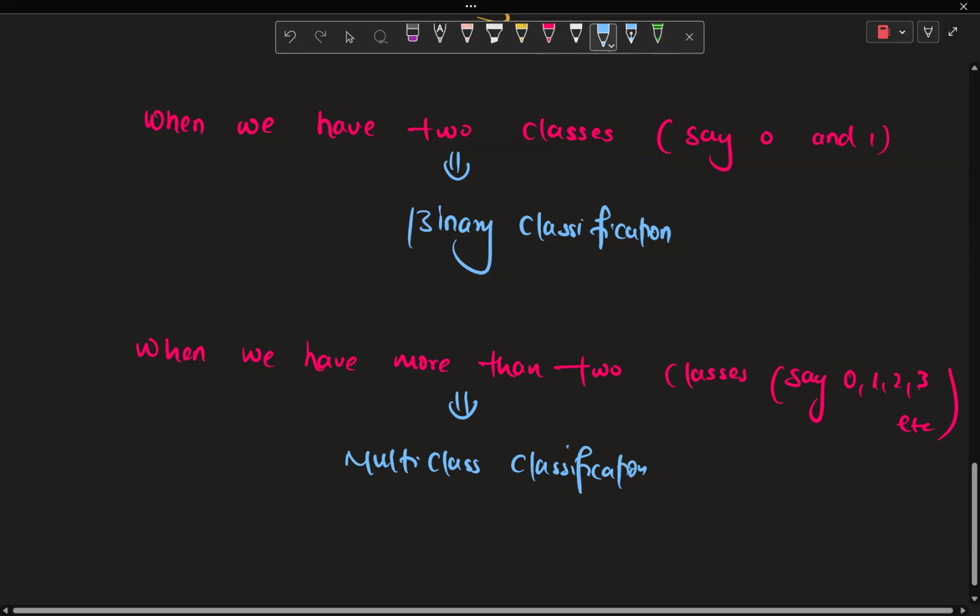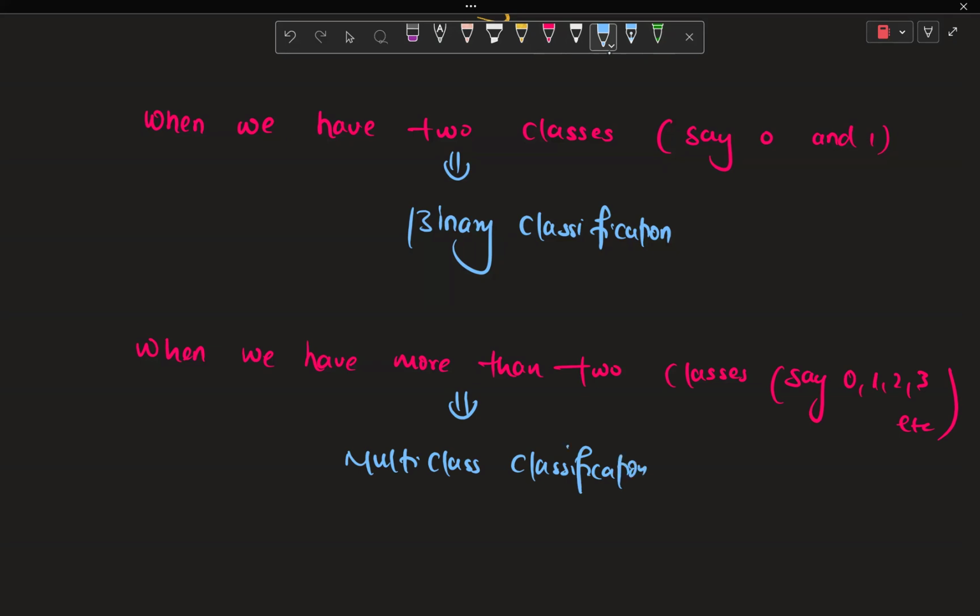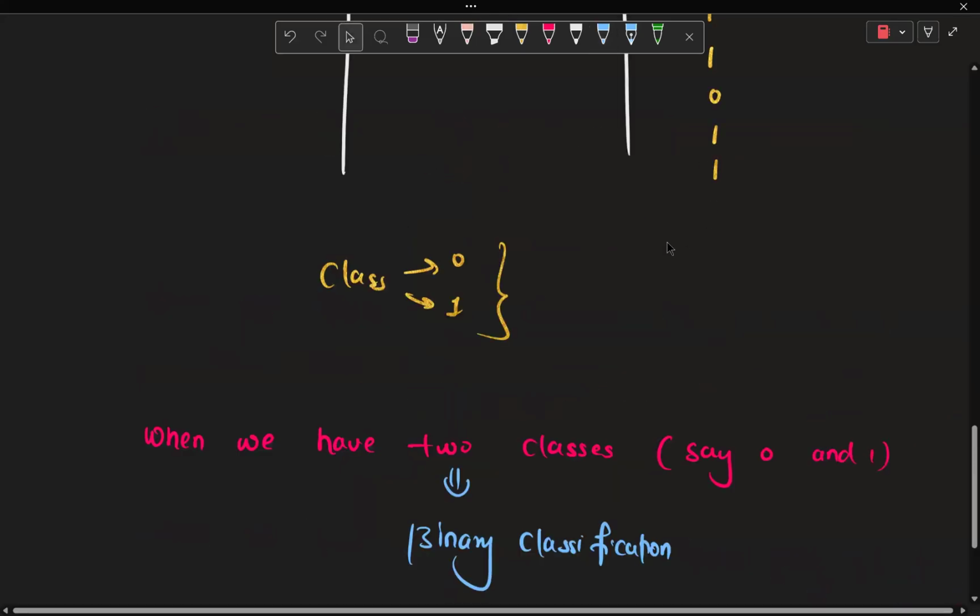Clear, Abrar? Both are classification. It's just binary or multi-class.